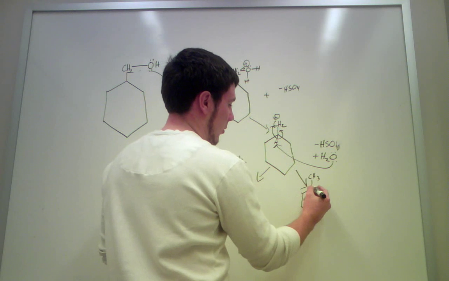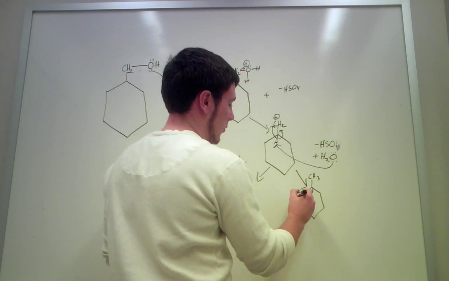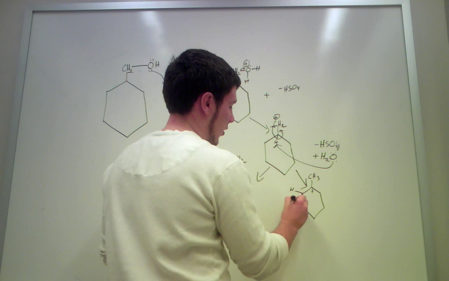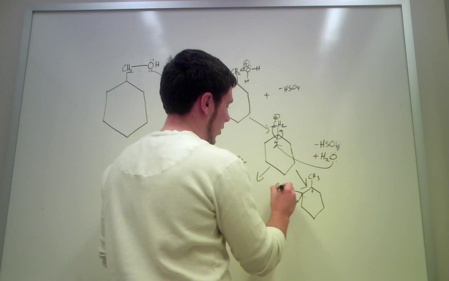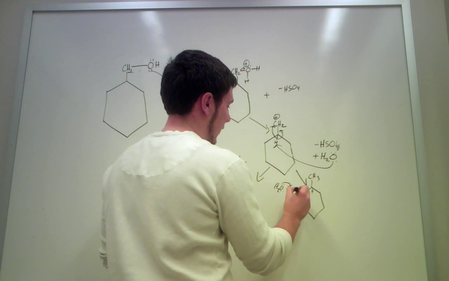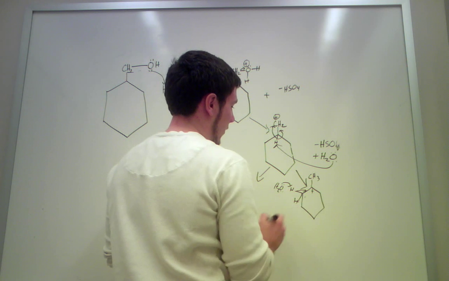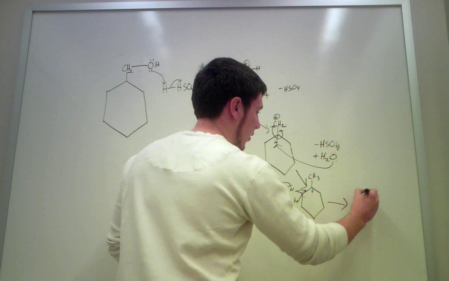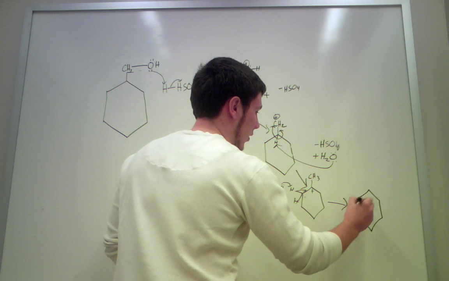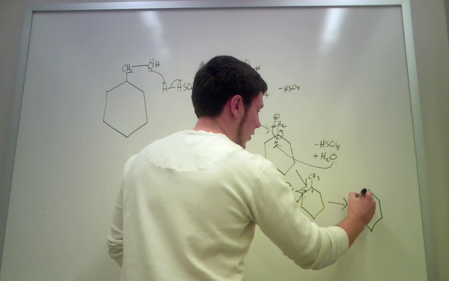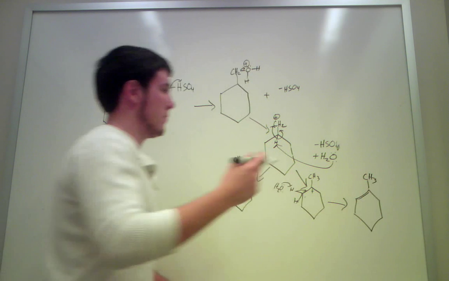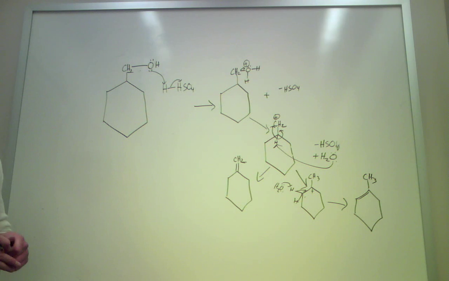How that's going to come about is, again, you have this positive, and you've got two hydrogens sticking off here, and your water is just going to come flop one of these off right here, and you'll be left with these, and those are your two products from that reaction.